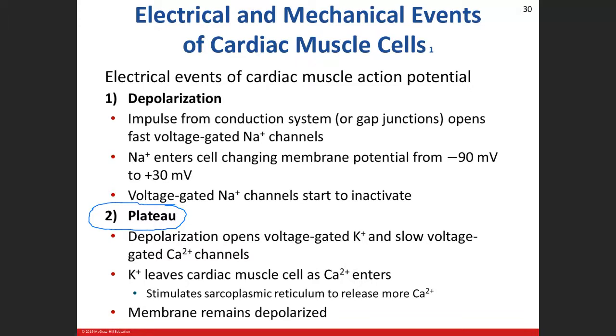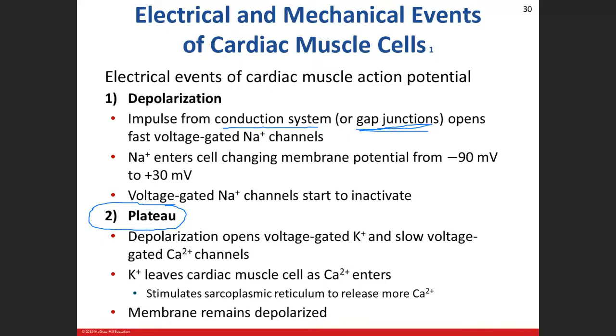Okay, so first, depolarization. We know what that is. The nodal cells are going to depolarize and then cause the cardiac muscle cells to depolarize. So our conduction system is going to kick in, or the gap junctions. The gap junctions allow for the flow of ions between cells. So what's the first thing that happens? We're going to start off with the sodium ion channel.